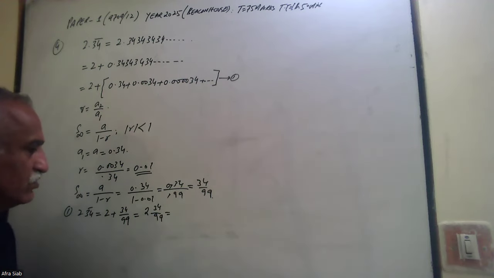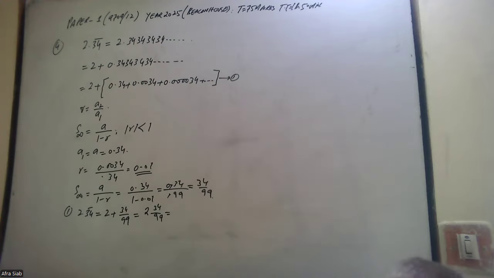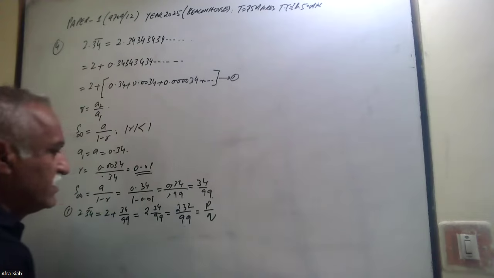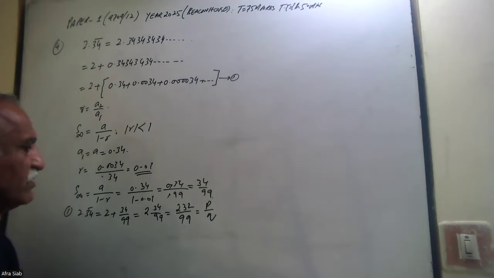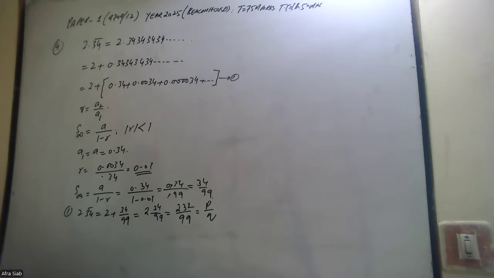So that is equal to 232 over 99, which is in the form of P over Q. So this is the value of 2.34 bar.